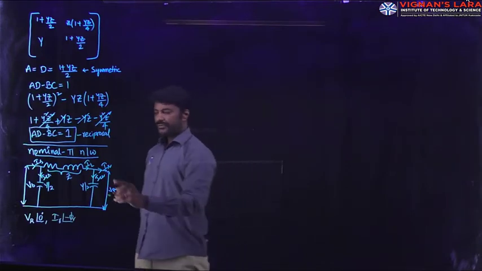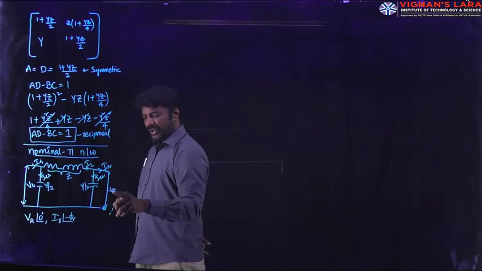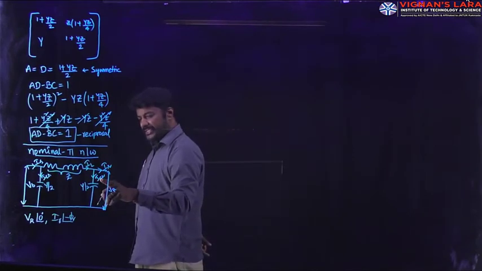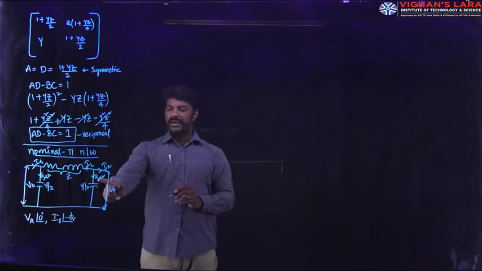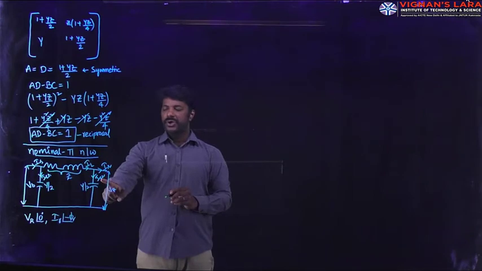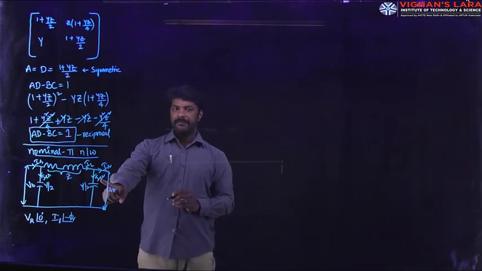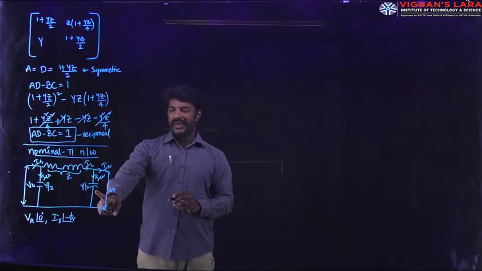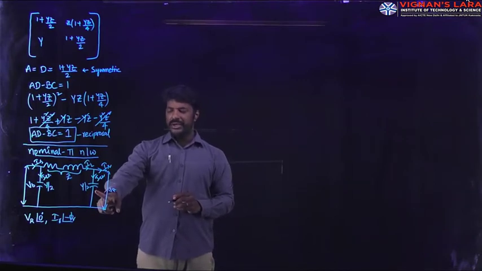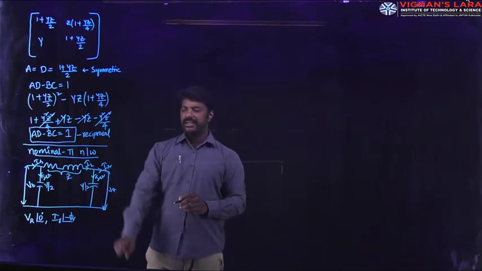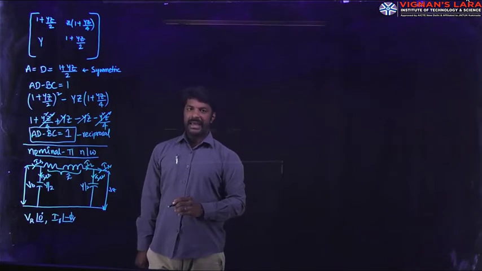Okay, so after getting this IR and for a known value of VR, we can estimate the current ICR. What is ICR? The capacitive current located on the receiving end side. So you can apply Ohm's law for estimating this ICR, because we know the branch admittance Y by 2, and the branch voltage is known, it is VR. Then we can estimate the branch current ICR.